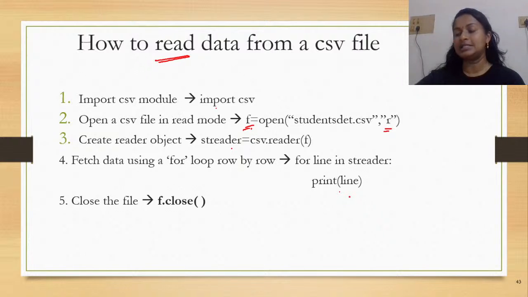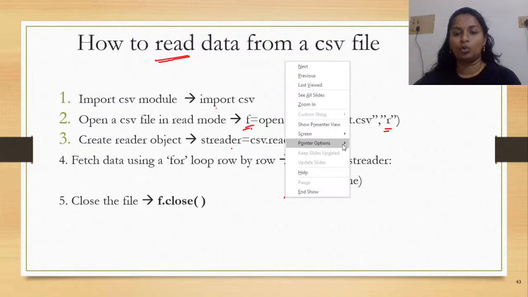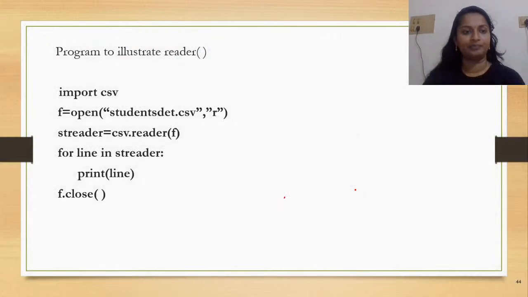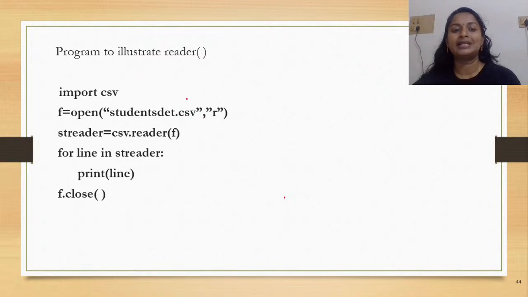So let's learn this with the help of a program. We're going to first see a very simple program which helps us illustrate the working of the reader function. So import the CSV module, then open your CSV file, the same file, in the read mode.